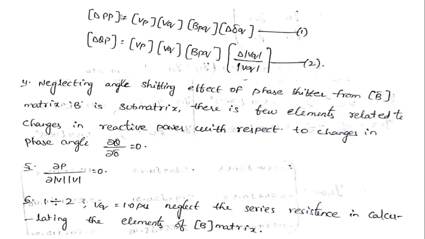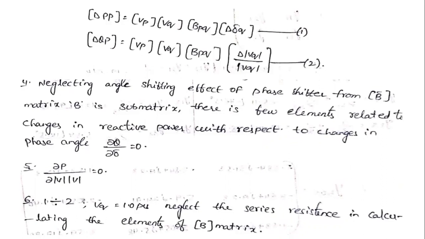Next, delta P_P equal to V_P V_Q B_PQ delta delta, which is equation number 1. Next we consider delta Q_P equal to V_P V_Q B_PQ delta V_Q, which is equation number 2.